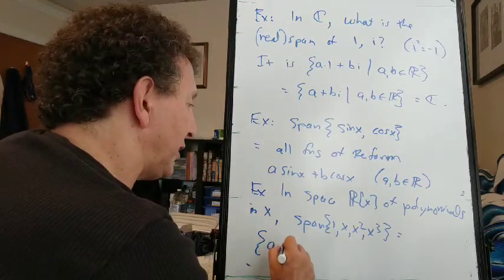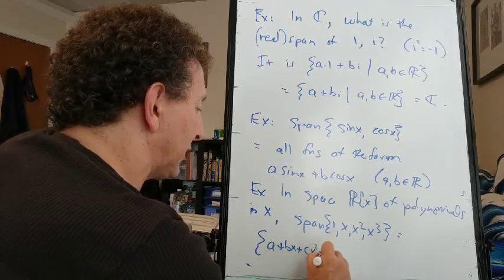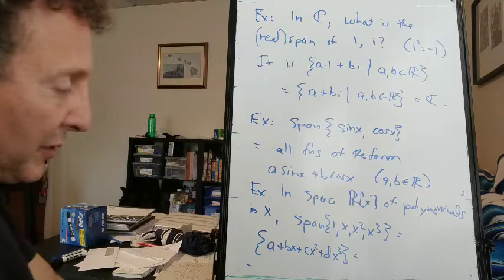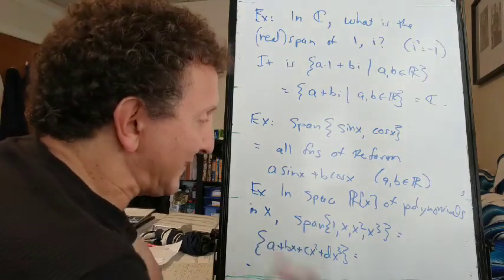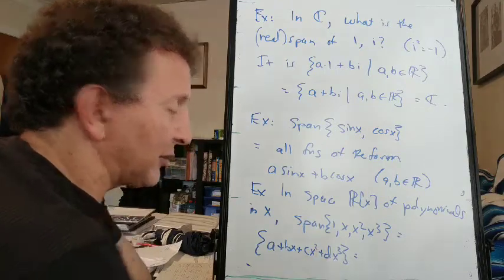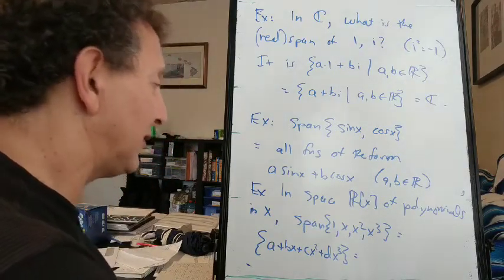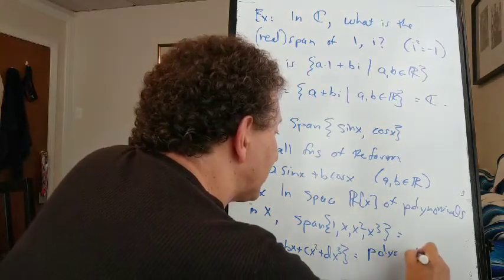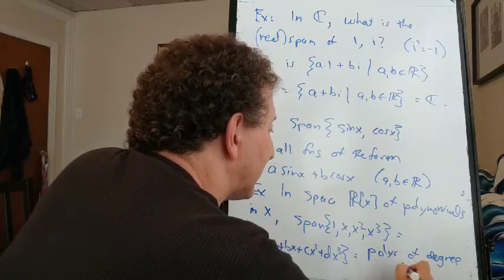So that's all the polynomials of the form a plus bx plus cx squared plus dx cubed, which is all polynomials of degree less than or equal to 3. These multiples could be 0. d could be 0. So we don't know that the polynomial has degree exactly 3, but it has degree at most 3.